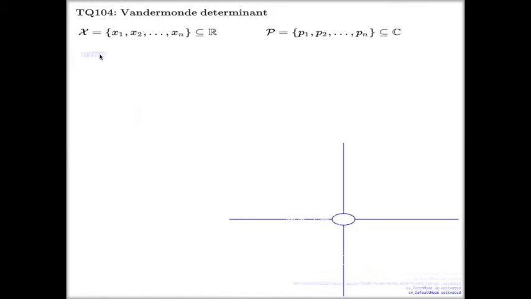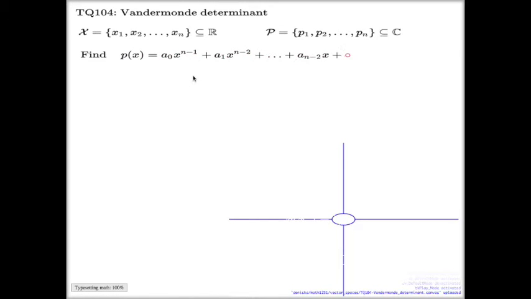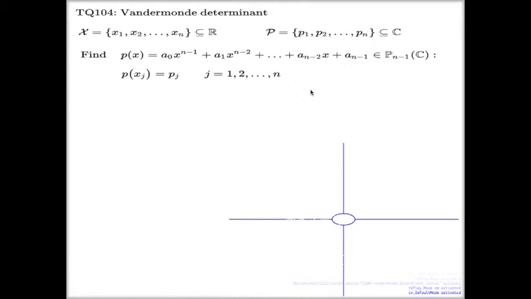My job is to find a polynomial of a preset degree n minus 1, such that my polynomial delivers required values at these preset points. You see, the polynomial p I'm looking for at point xj delivers value pj, and this one single identity covers all this range of j values.